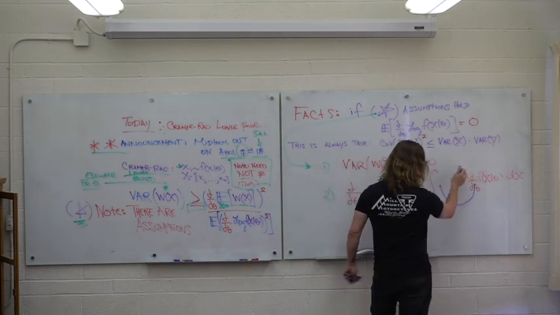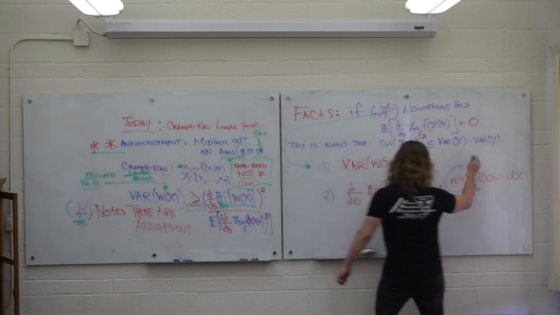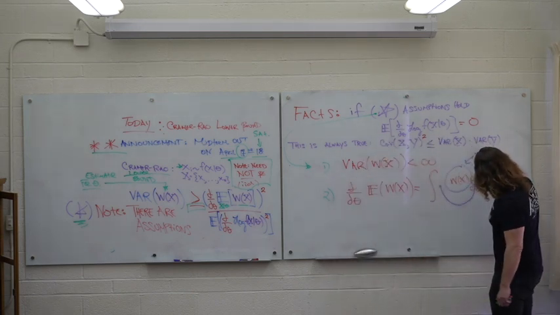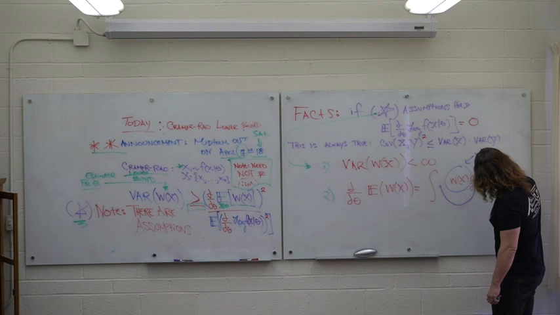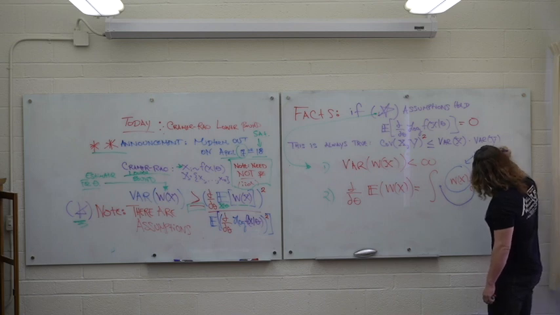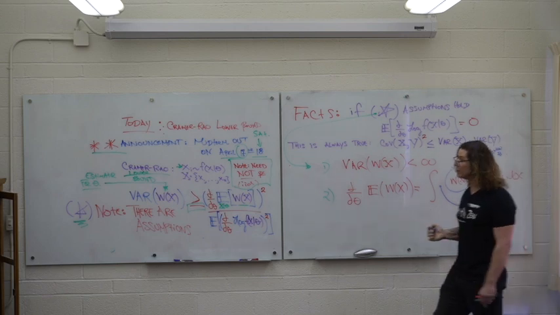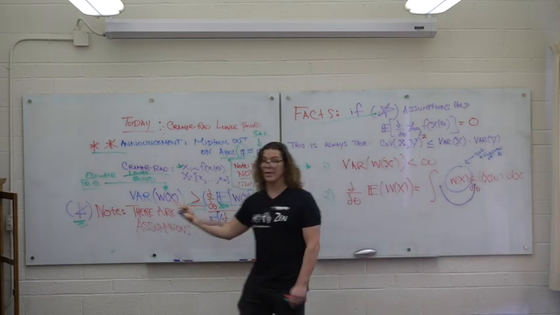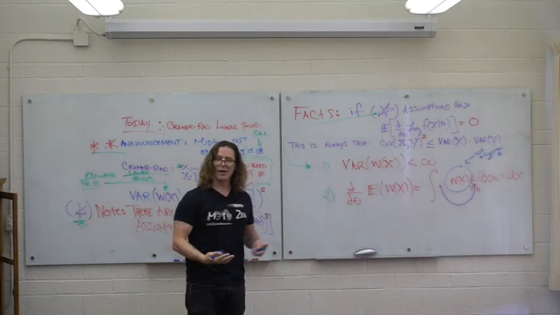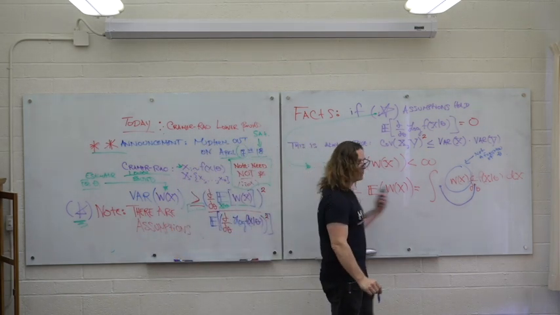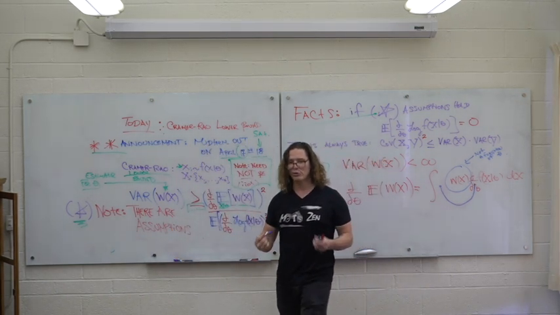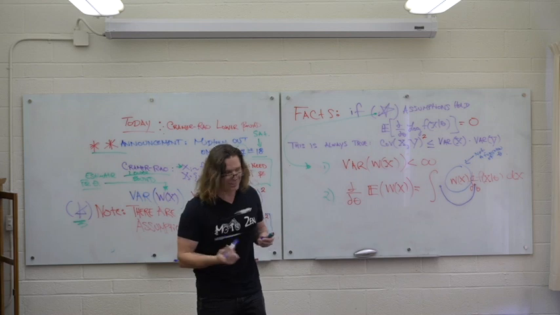This is not a function of theta, so there's no problem there. Don't be confused. The expectation is a function of theta. The thing itself is not a function of theta. It's an estimator. If you have theta in there, I can't use it to estimate theta because I need to know it.